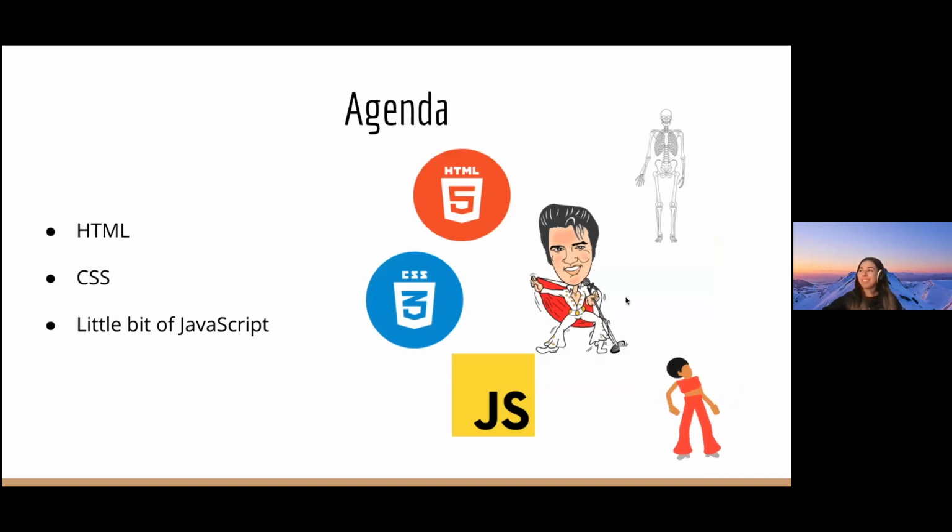Next to our CSS, you can see this little Elvis, he's got some style. CSS is what gives style to our web page. And JavaScript gives us that action. It allows us to do things like, if you go on a social media website and click a like button, it increases the likes. That is a lot of the time done with JavaScript. That's the kind of stuff we're going to be going over today.